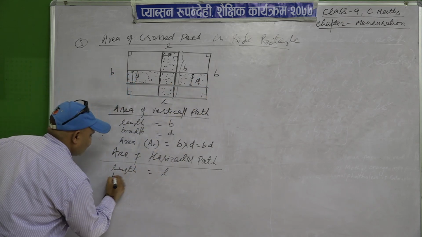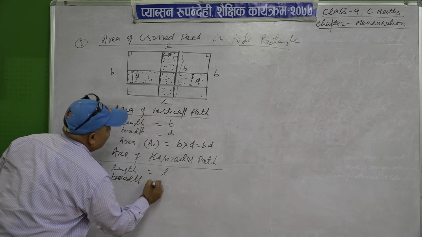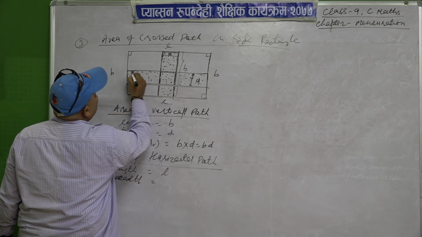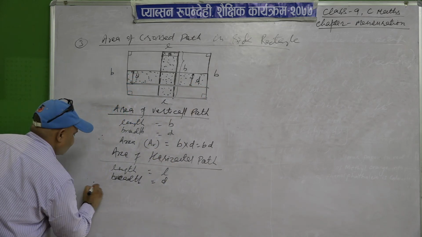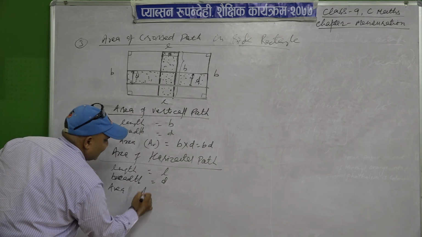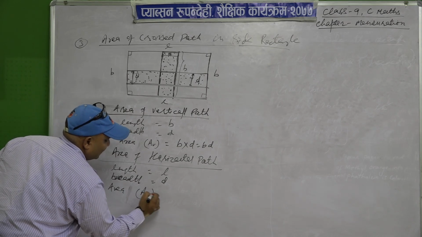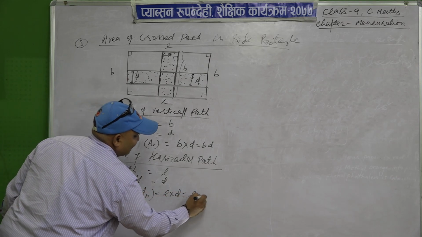It is this uniform width, that is D. Therefore the area, AH, area of horizontal path, is L into D, that is LD.